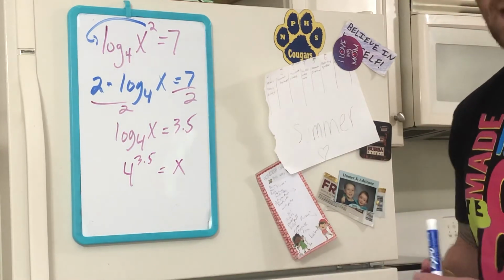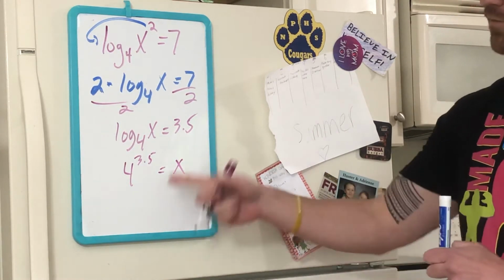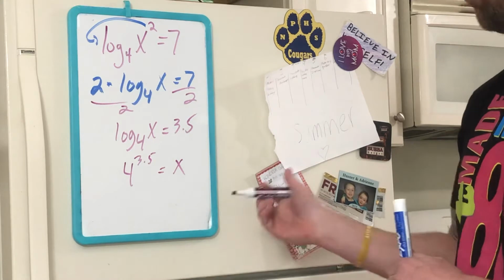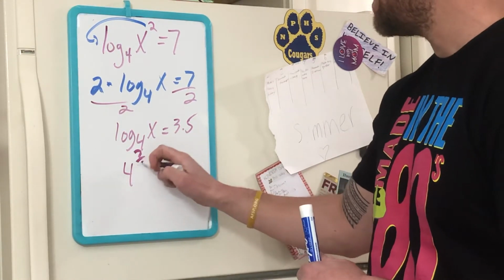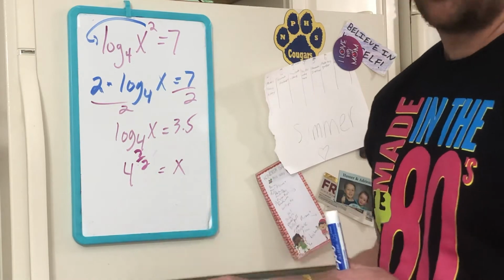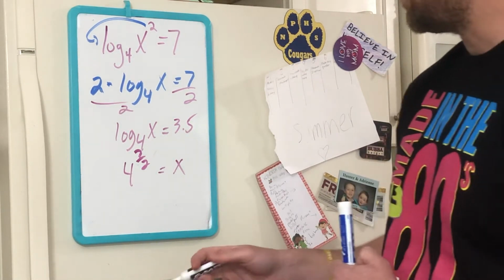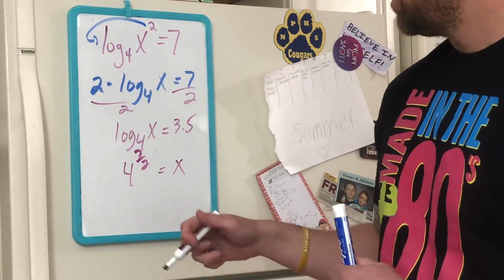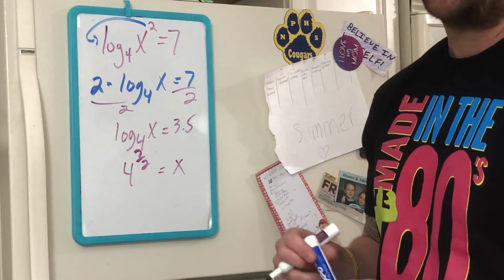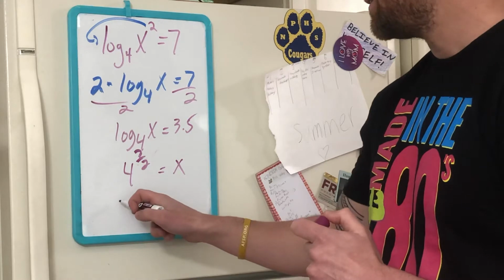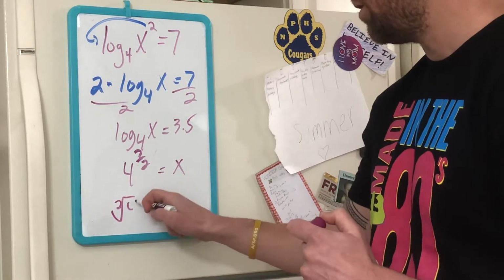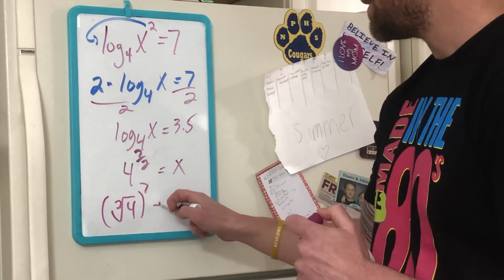So you could do that on your calculator. 4 to the 3.5 power. Or remember, 3.5 is the same as 7 over 2. And if you remember from a couple weeks back with rational expressions, radical expressions, things like that, this is the same as the square root of 4 to the 7th power.